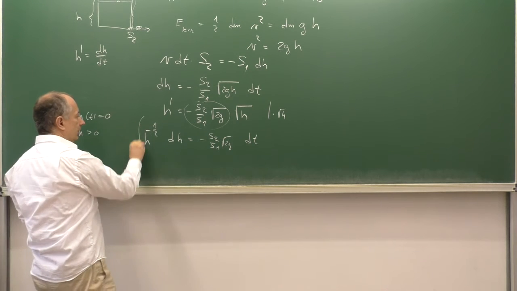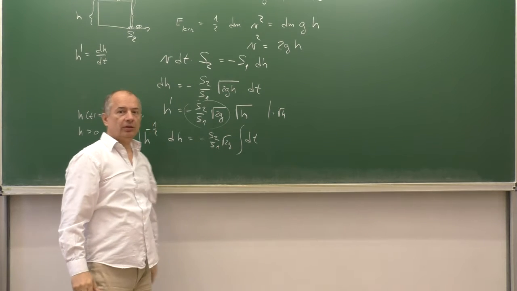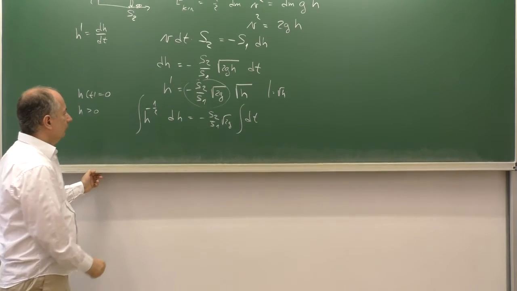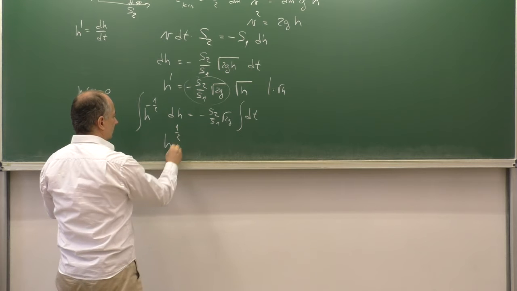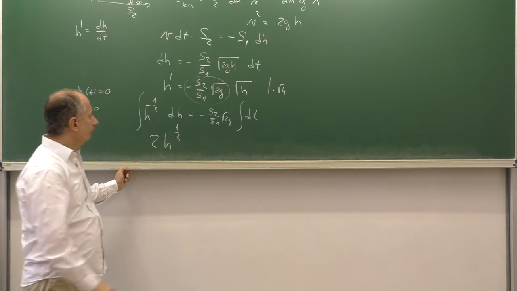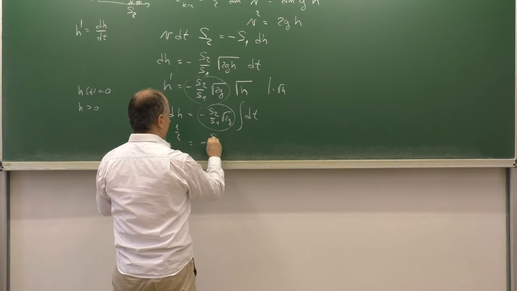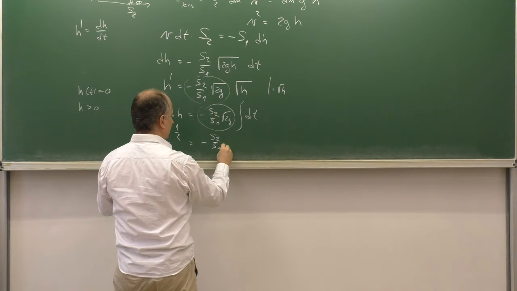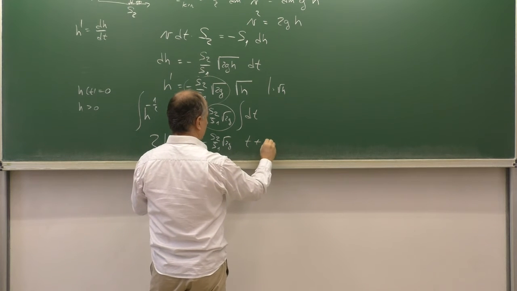And we can integrate, we can factor out the multiplicative constant in front of the integral. This is h to 1/2 divided by 1/2, that means multiplying by 2. Here we have this multiplicative constant, minus S2 S1 square root of 2g, t plus c.